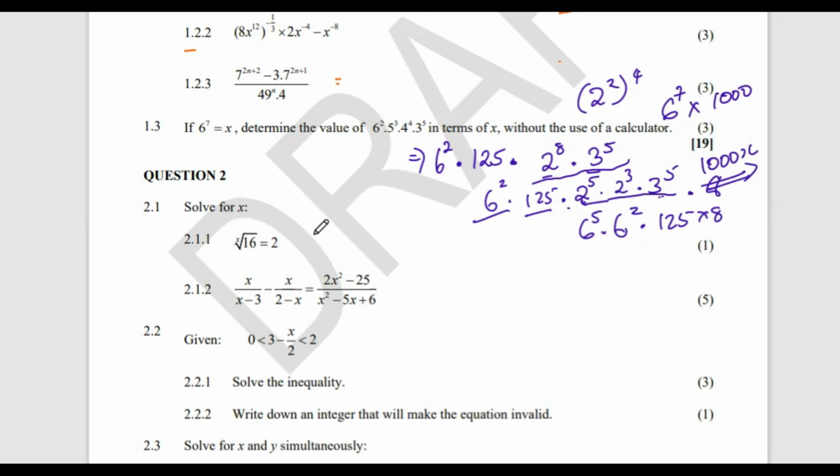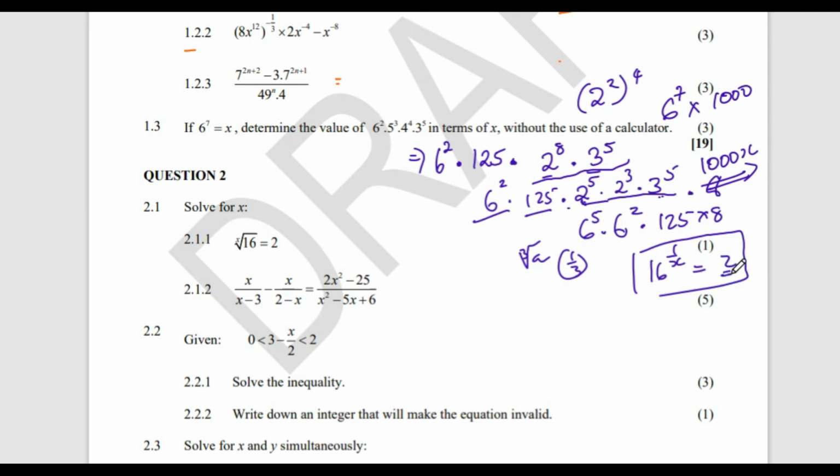So one thing we need to remember is whenever we have, let's say, the cube root of a number, it's that number to the exponent of 1 over 3. So this is going to be like 16 to the exponent of 1 over x must give us a 2. Okay, then we just need to change this 16 to a base of 2.